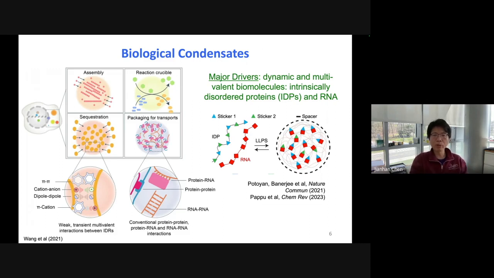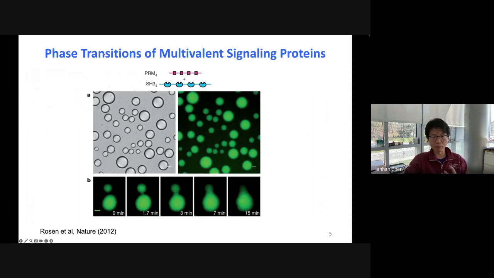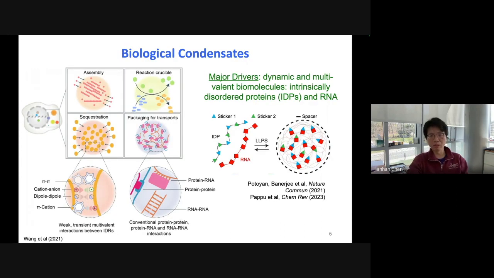So what people realize is that the major drivers of the formation of these biological condensates are dynamic and multivalent biomolecules. Like this example, right? This would be when you put multiple interaction domains on a string, they are multivalent, they are dynamic. And whenever you have this kind of molecule, which is polymer-like, they will have the tendency, under certain conditions, to phase separate.